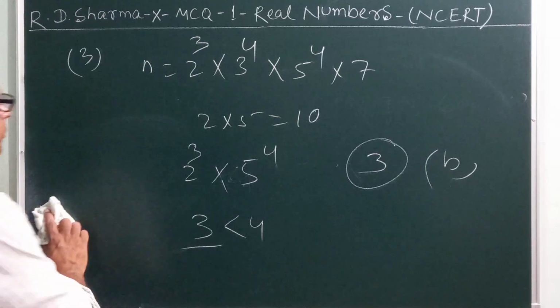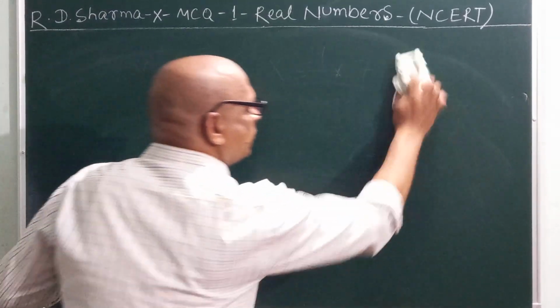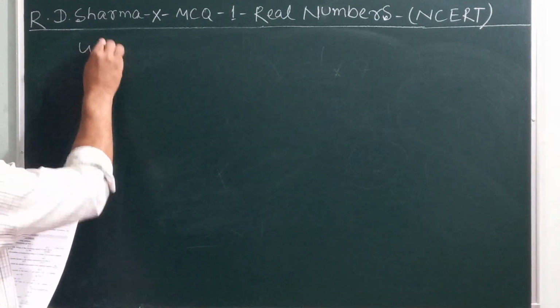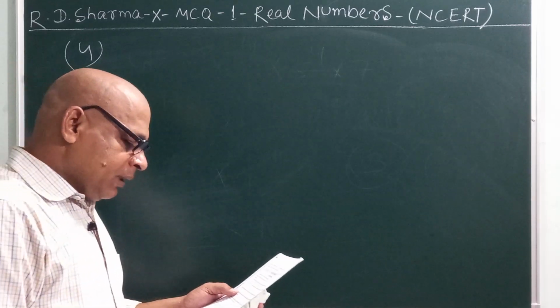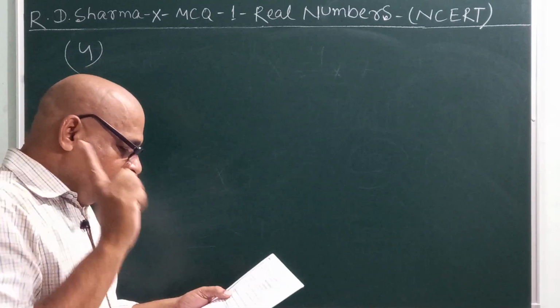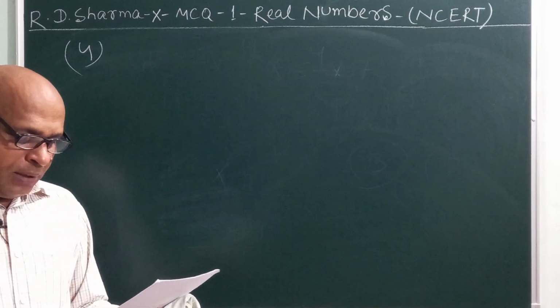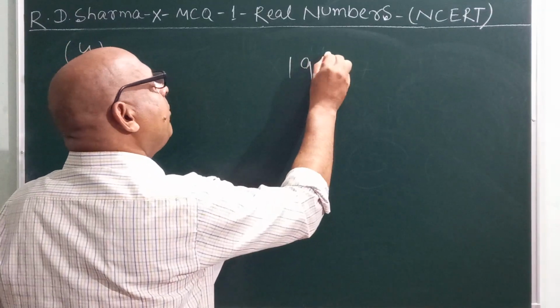Next, 4. The sum of exponents in the prime factorization of 196.